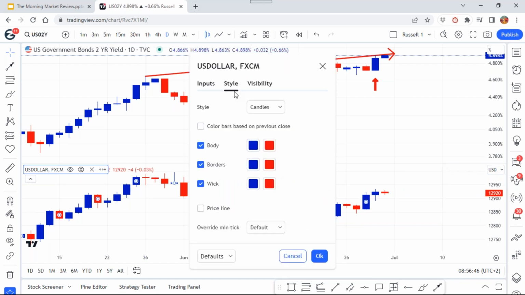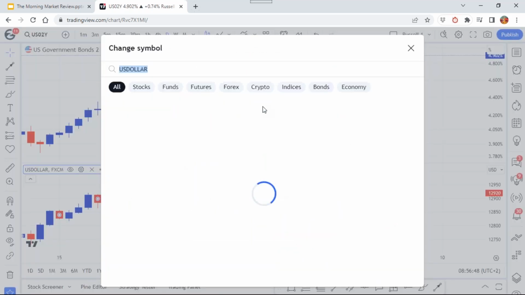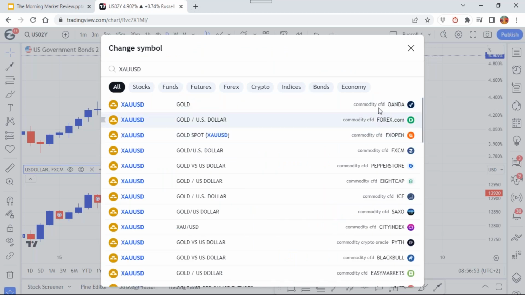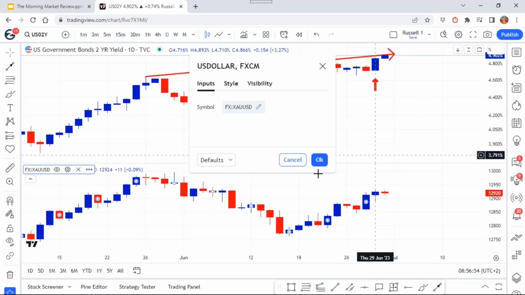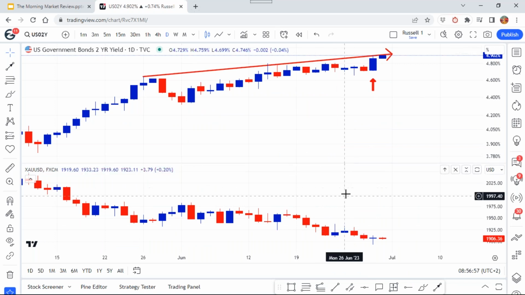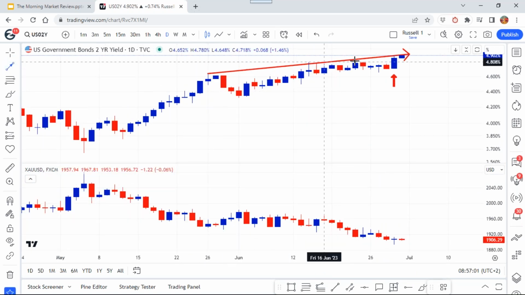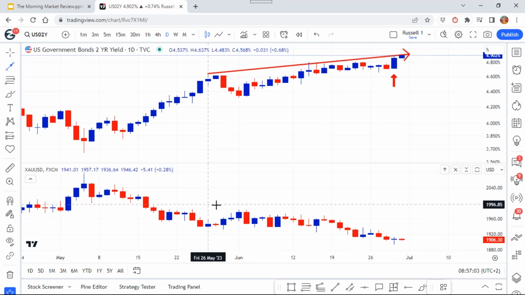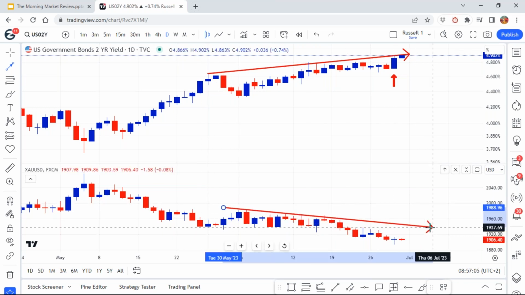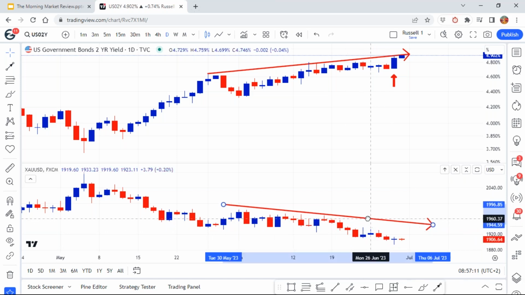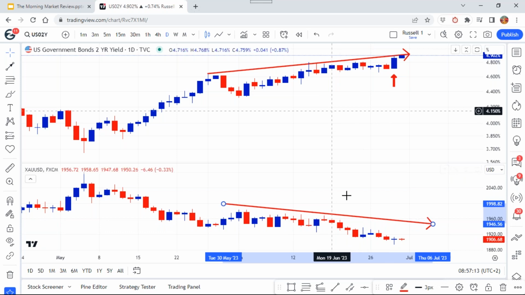I'm just going to bring up gold here. Okay, so as we've moved in this northeast direction on the 2-year yield, so we've moved southeast with gold. So gold moving in an opposite direction to yields.